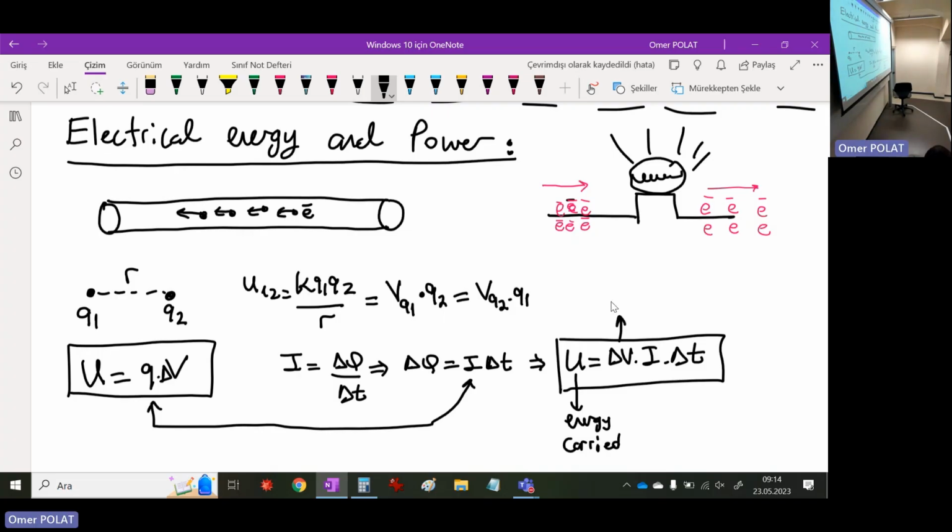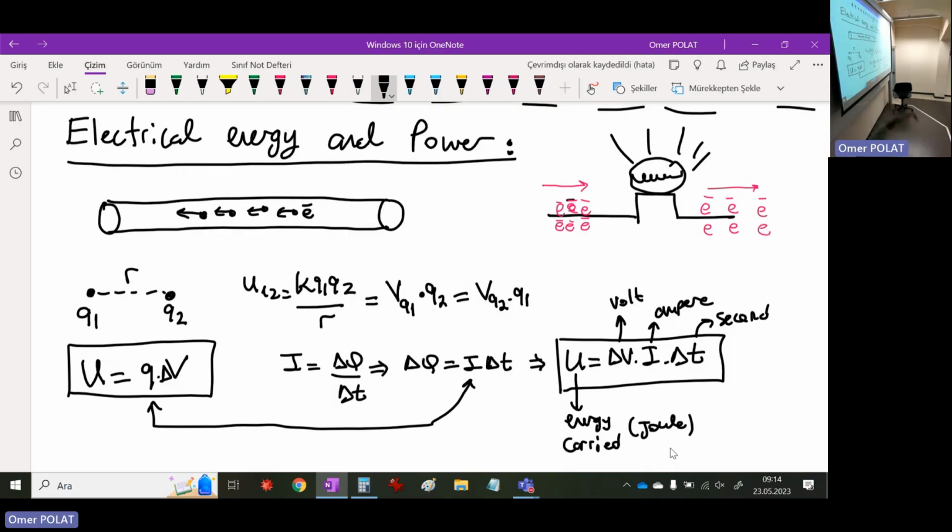This is in volts, this is in amperes, this is in seconds. Volt, ampere, seconds. It's joule.